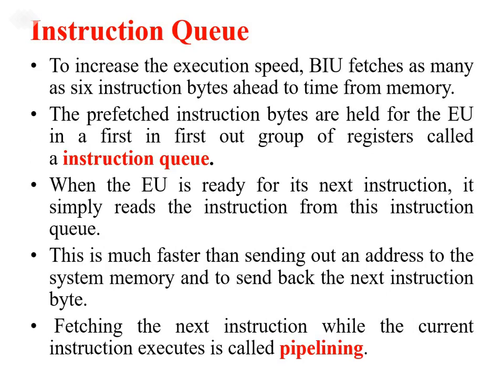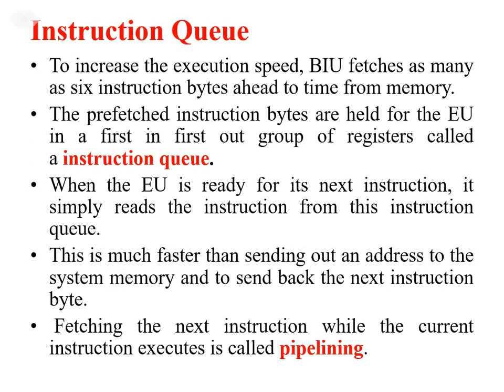Therefore it is known as a queue. This first in first out group of registers is called the instruction queue, right? So when the execution unit is ready for its next instruction, it simply reads the instruction from this instruction queue one by one.